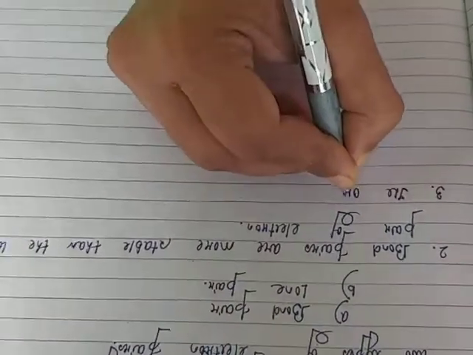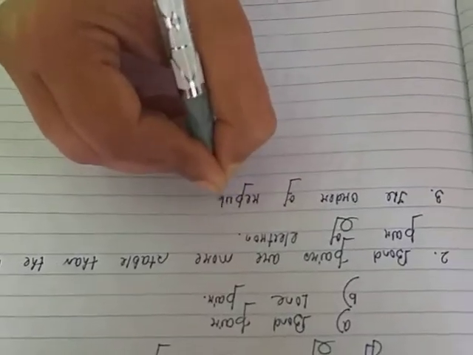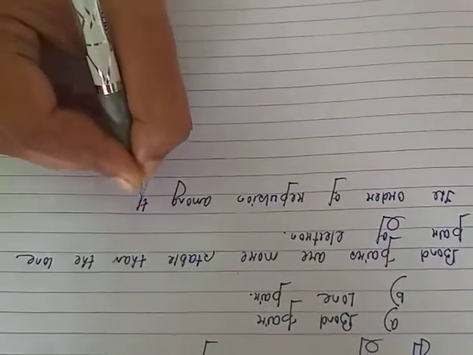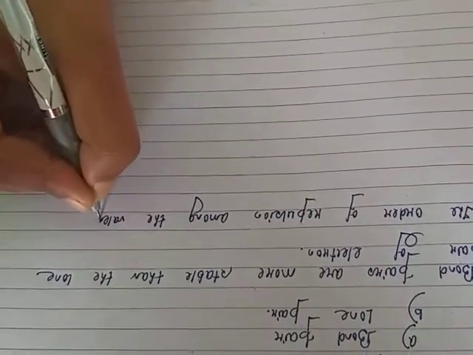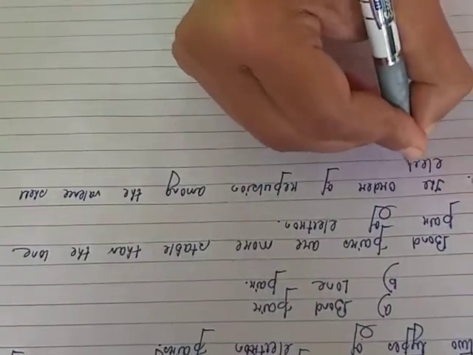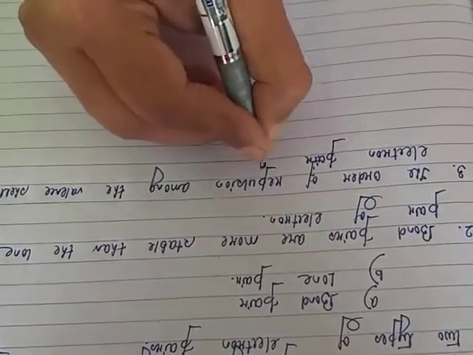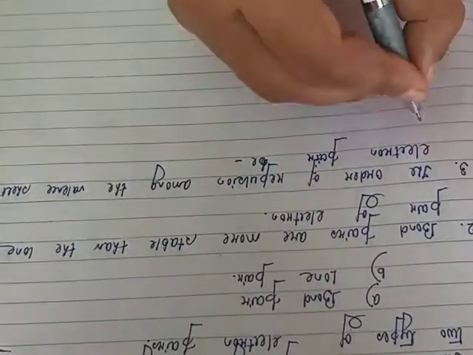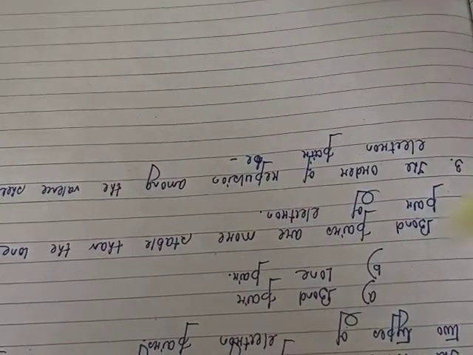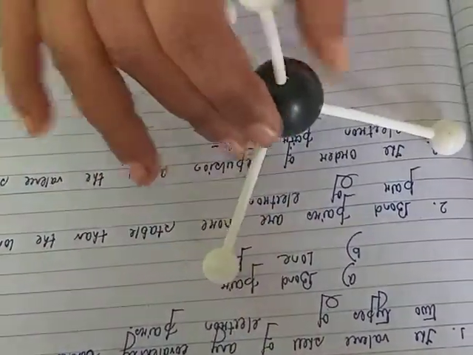The order of repulsion among the valence shell electron pairs: now we could have three types of repulsions.